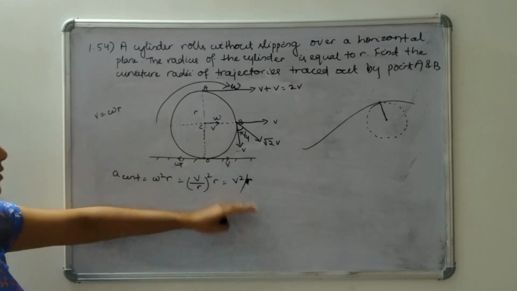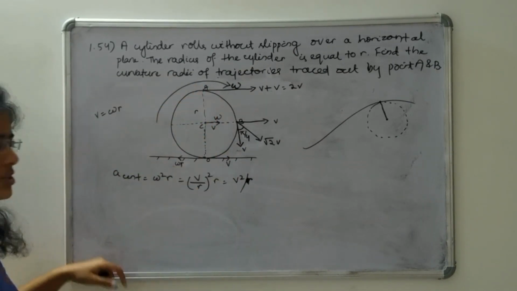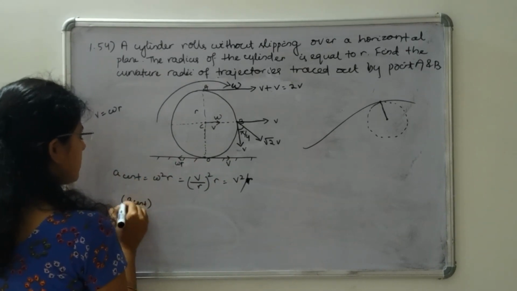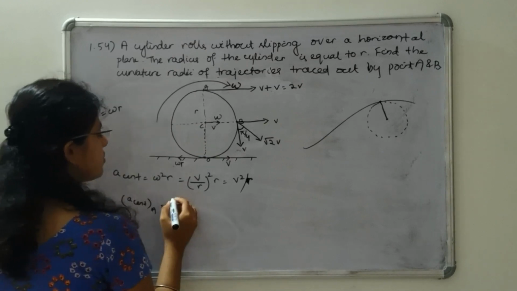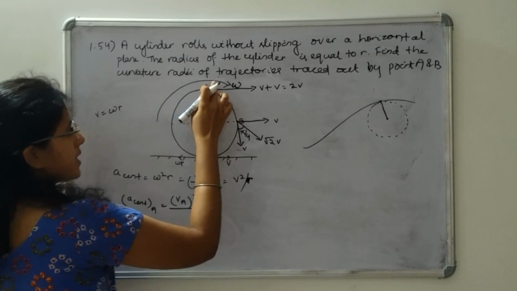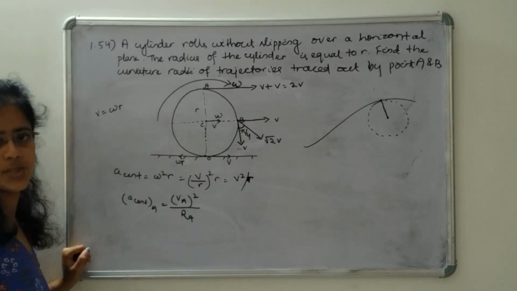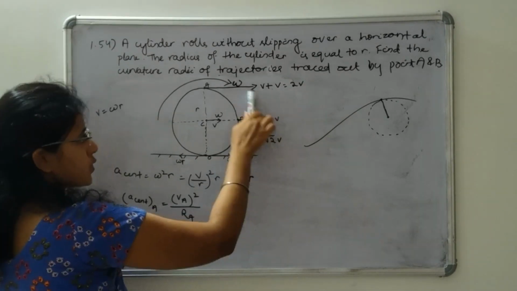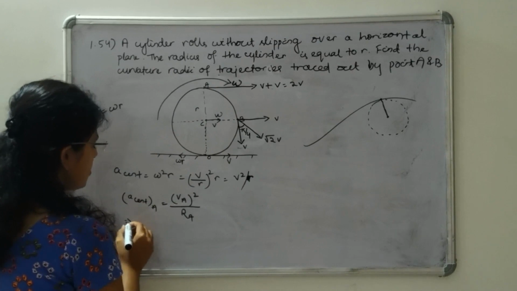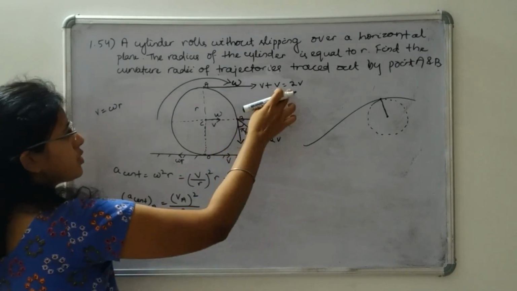For the ground frame, the radius of trajectory traced by point A is equal to the velocity that point A is experiencing squared, divided by the centripetal acceleration. As the total velocity is in this direction, VA is 2V.